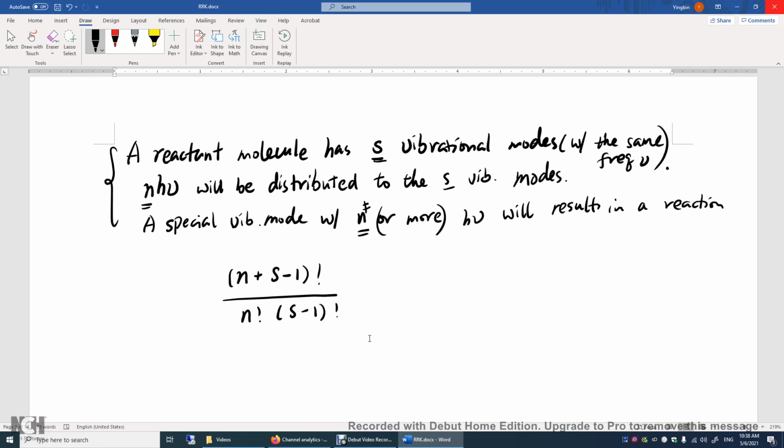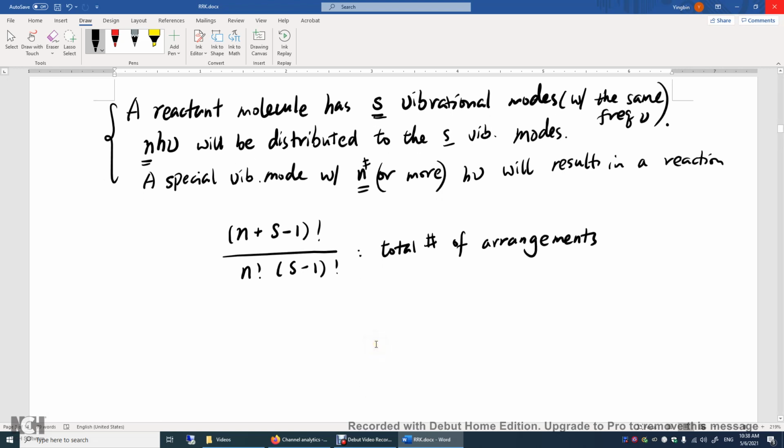This is the total number of arrangements. All right, so when we give N energy quanta to S vibration modes, we have this equation over here to give you the total number of arrangements.